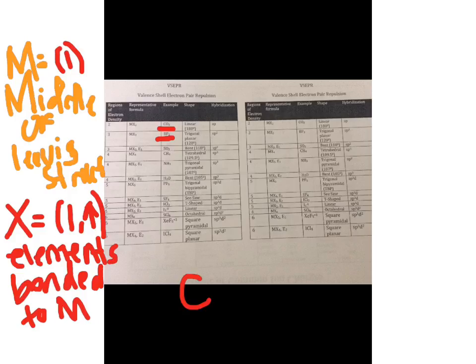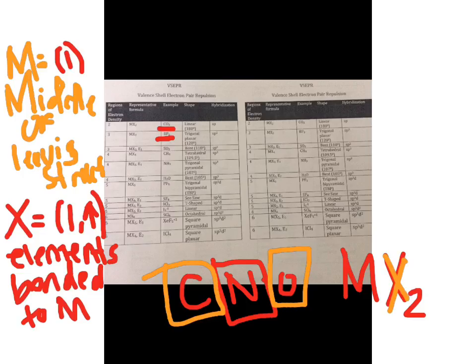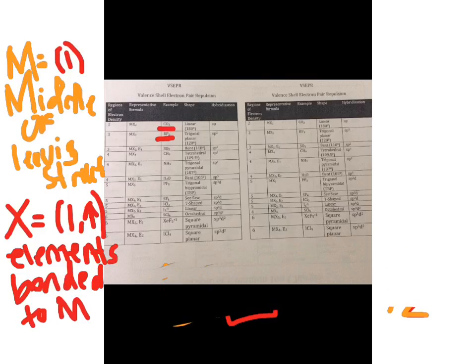Like if you have C attached to N, attached to O, you have M, X2. Because you have one M, you're always going to have one M, but the stuff that is bonded to M are your X's. They do not have to be the same element. So you have two X's because there's two elements bonded to M.